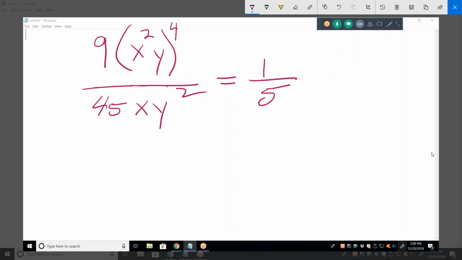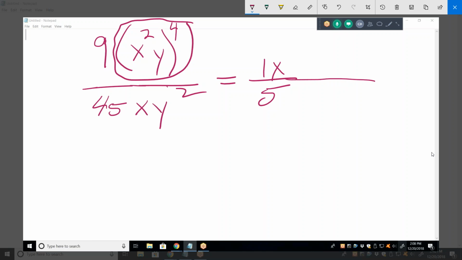Okay. Now, let's get rid of those parentheses in the top. In order to get rid of the parentheses, we have to do that action there. What do you get? Nope, you don't add. We are not multiplying anything here.